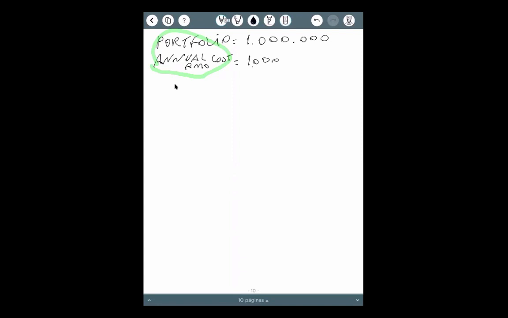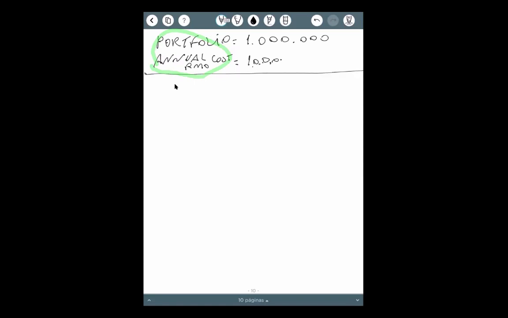Okay, so the portfolio for the next cycle is 1 million, and the annual cost of our PMO is around 1,000. Okay, that's our, yes, 1,000. It's okay.